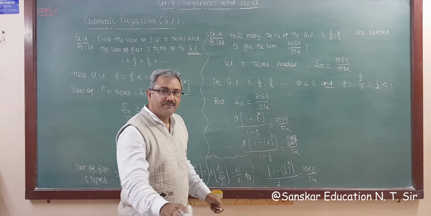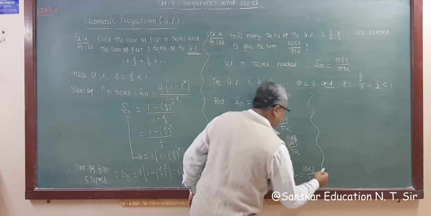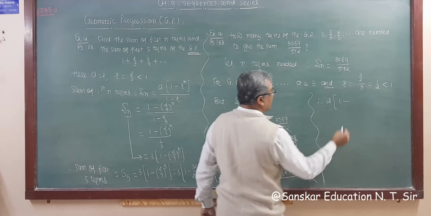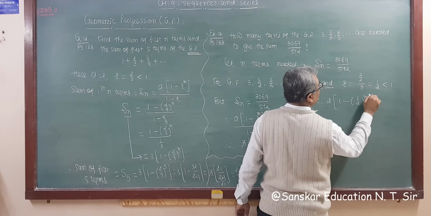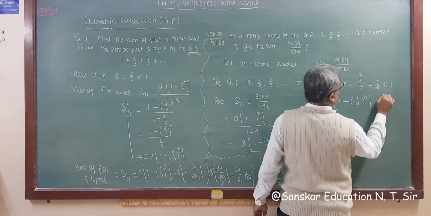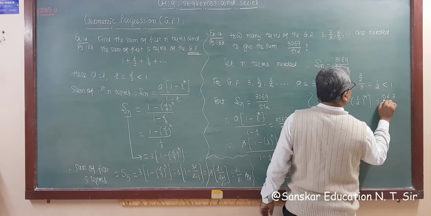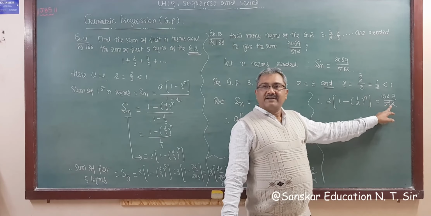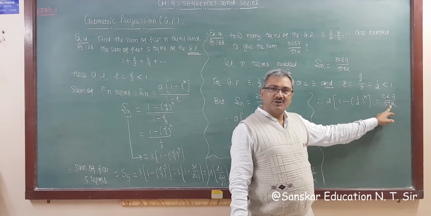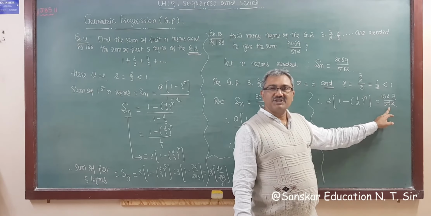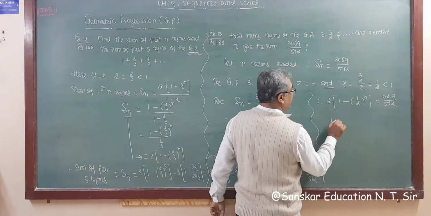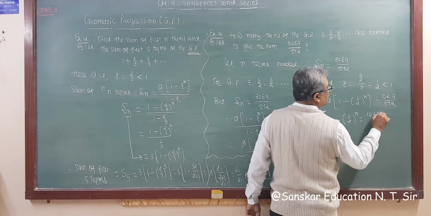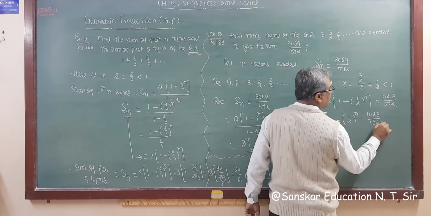Now this becomes 2 here. So writing this, we get 2 times 1 minus 1 upon 2 whole raised to n is equal to 1023 whole upon 512. If you take 2 to the denominator, it becomes 1024. So 1 minus 1 upon 2 whole raised to n is equal to 1023 upon 1024.